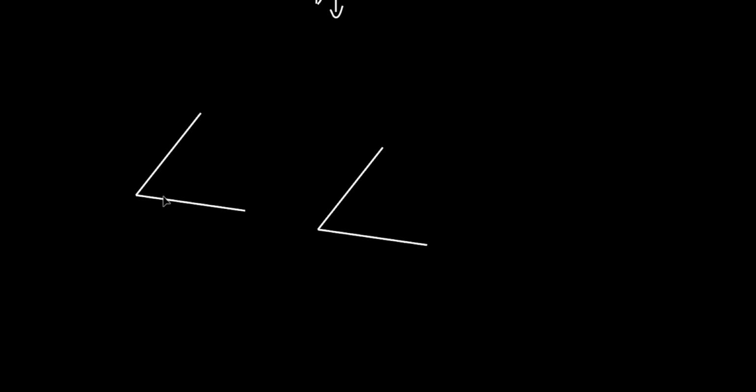How many degrees do you think that is? I heard 60. I think that's pretty close. I have no idea what it is, and I'm not going to measure it. So let's say it's 60 degrees. Then if I copied and pasted it, this is the exact same measure of this angle, isn't it? So if this is 60 degrees, what's this angle? That's also 60 degrees. So let's call this angle R and angle P.